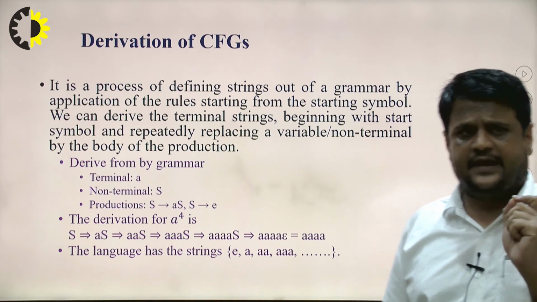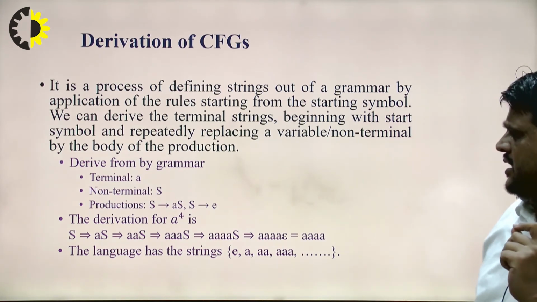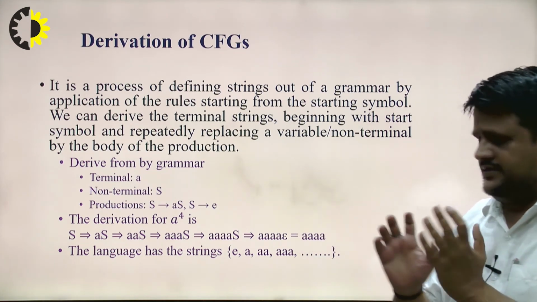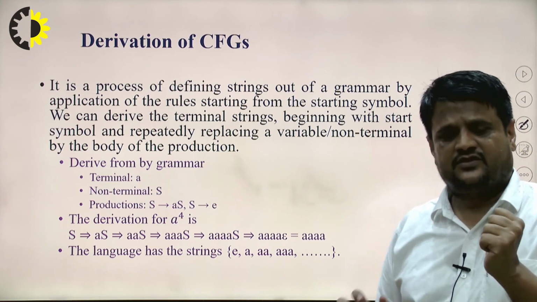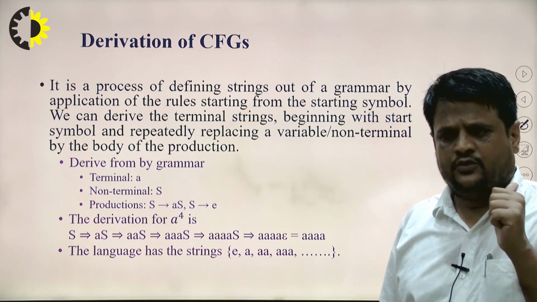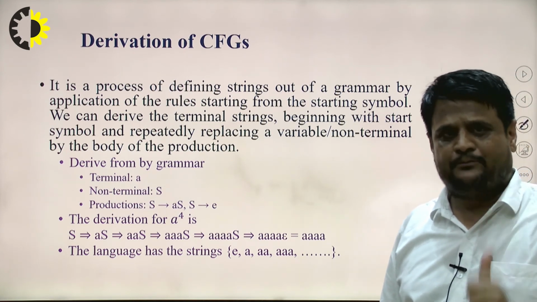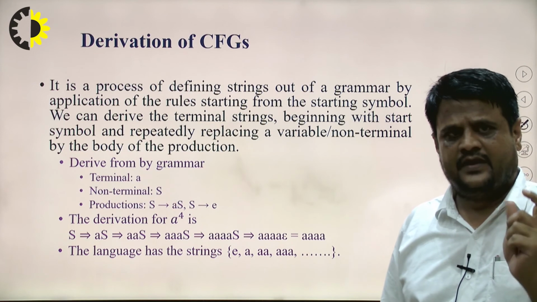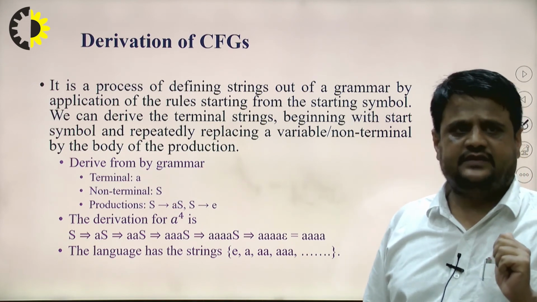So to derive from a grammar, we will take a production whose left hand side is the same as the variable that appears inside the derivation string, right?